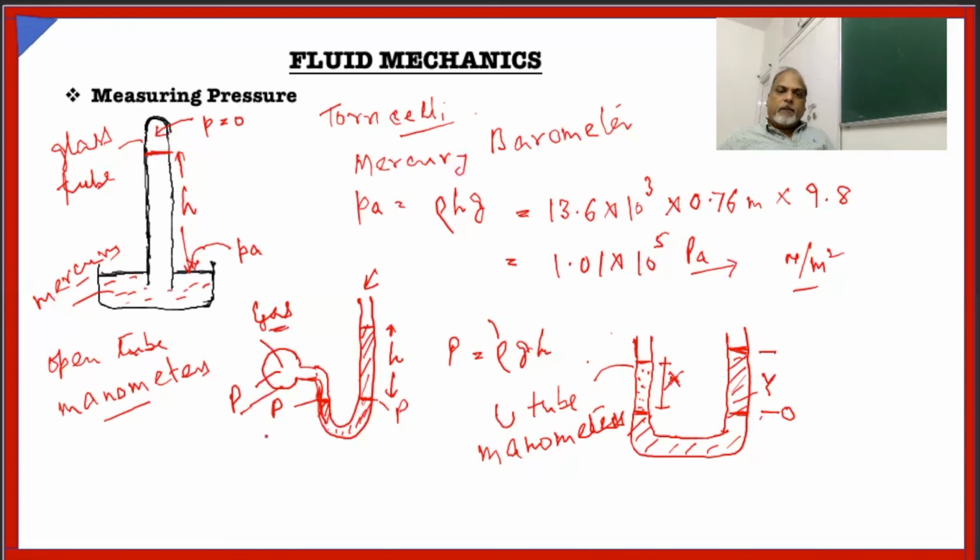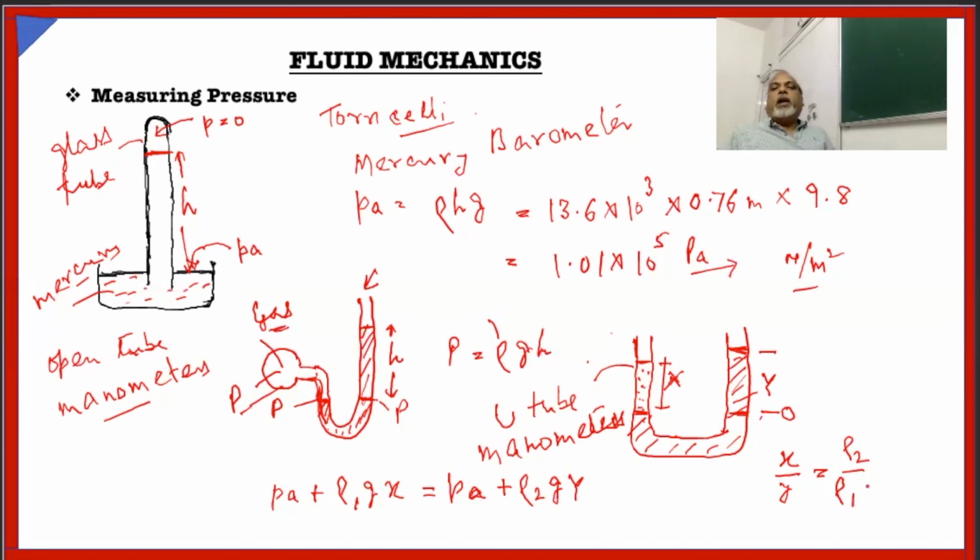So you can write down here PA plus rho 1 g X is equal to PA plus rho 2 g Y. PA cancels out, and here you can get a relation: X upon Y will be nothing but rho 2 upon rho 1.